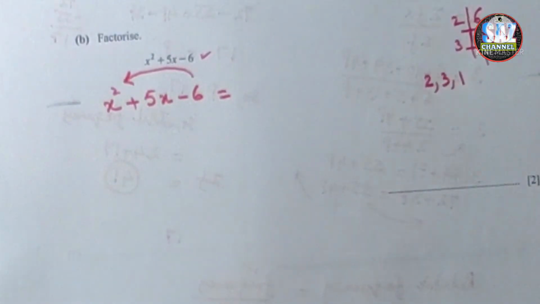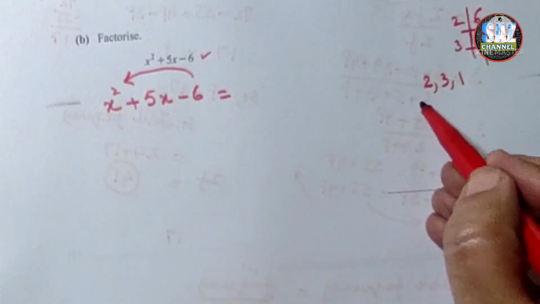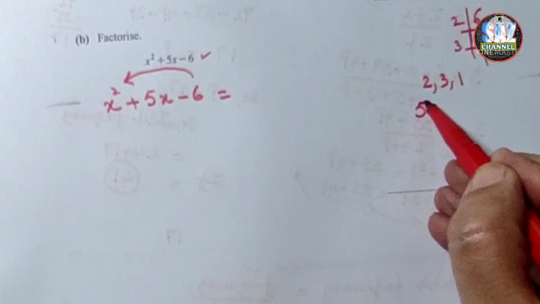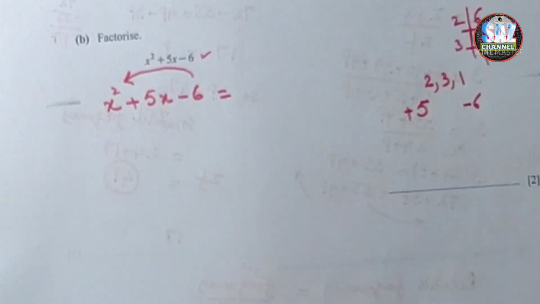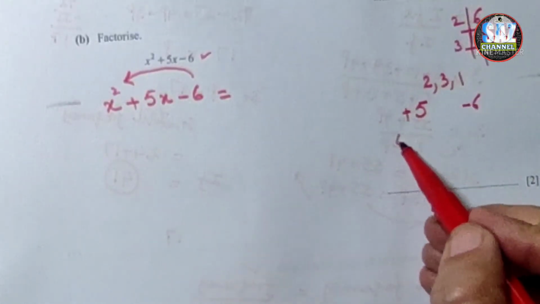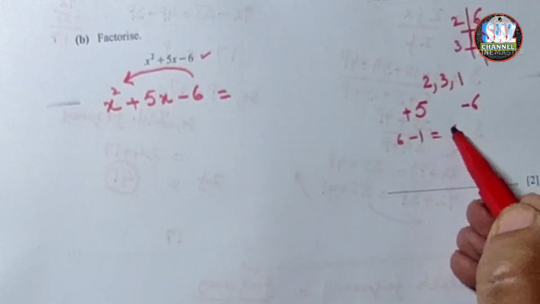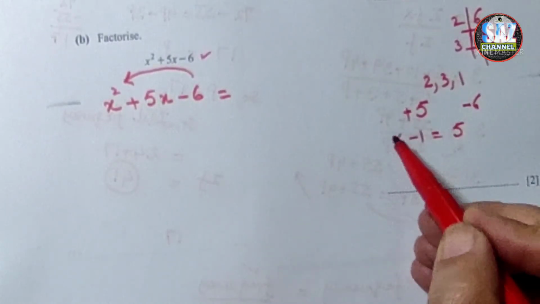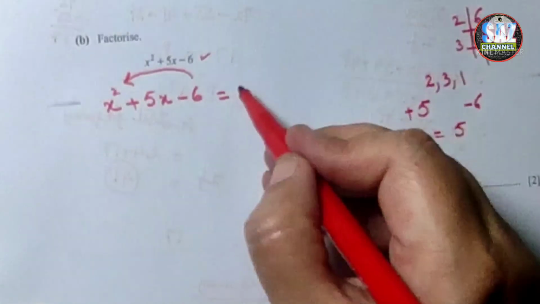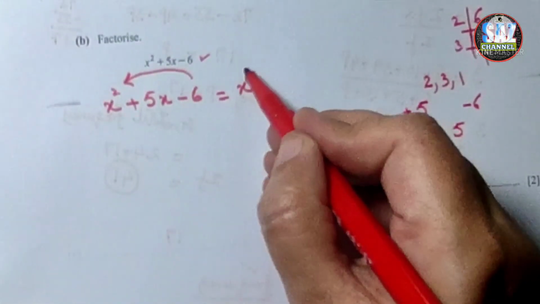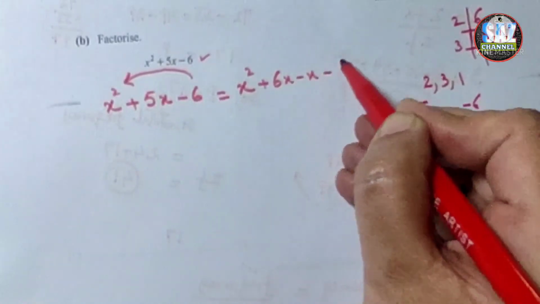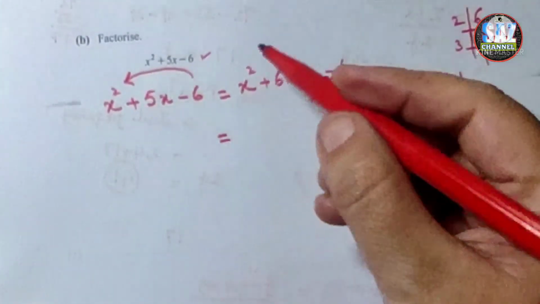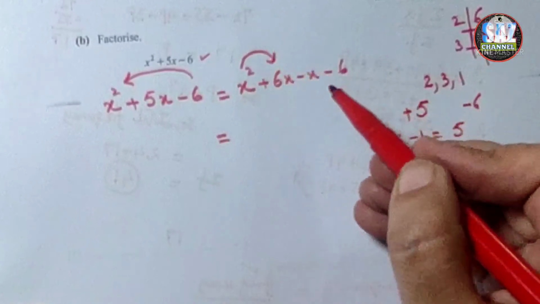Now we have to set the factors in such a way that when we add or subtract we get 5, and when we multiply we get minus 6. If I take 6 minus 1, I can get positive 5, and I can get minus 6 as well. So the middle term breakage of this will be x square plus 6x minus x minus 6. Now I have to make groups of like terms.